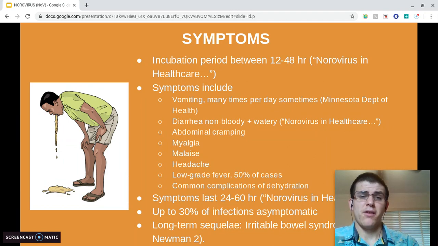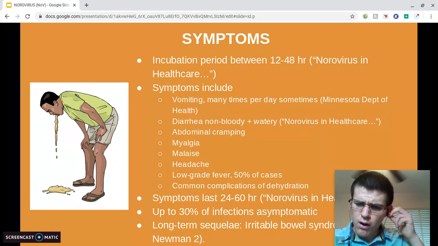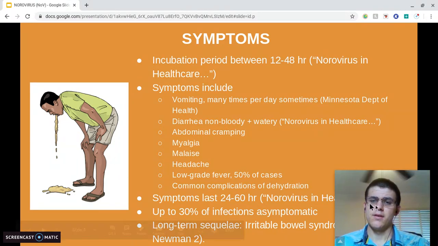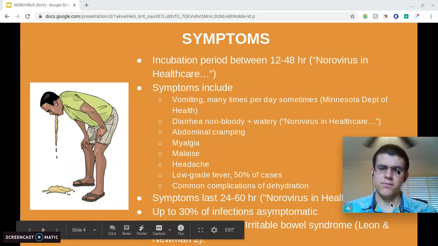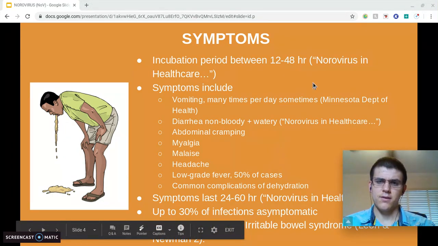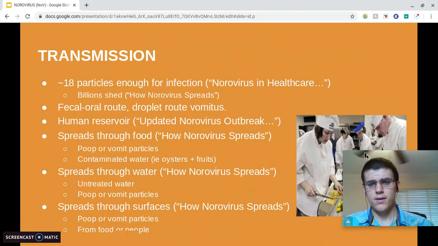As we'll talk about later, this virus can be spread asymptomatically, which is very scary. 30% of these infections are asymptomatic, so 30% of people who have this virus can still shed particles of norovirus but do not know they have it. So it puts other people at risk of getting the disease. Long-term sequelae of this includes irritable bowel syndrome. So definitely something to watch out for.